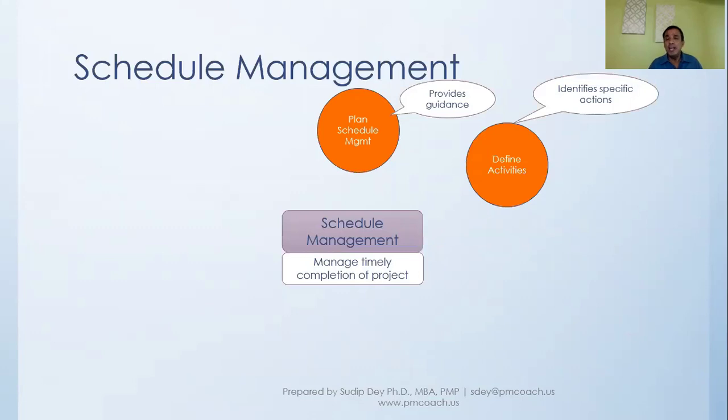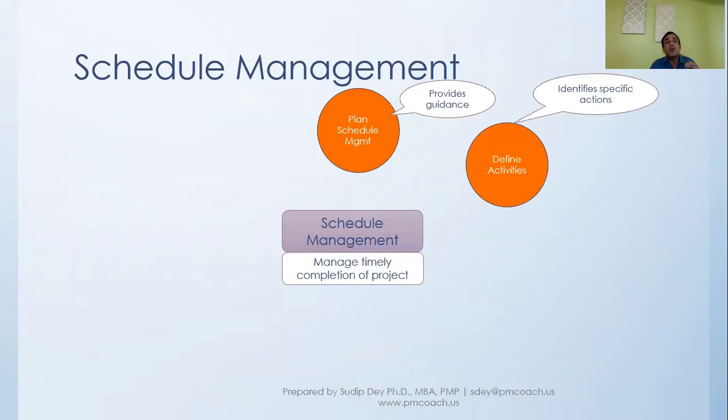Then we look at define activities. If you remember, in our last knowledge area, we created the work breakdown structure, and the lowest level component in the work breakdown structure was what we call a work package.